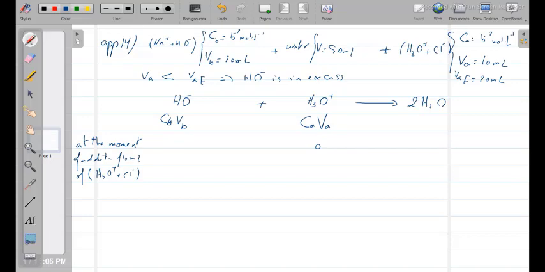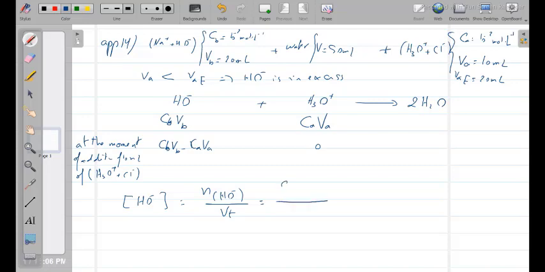The number of moles of HO- left equals number of moles introduced CbVb minus number of moles reacted. Number of moles reacted equals number of moles of H3O+ added, that means CaVa. This is the number of moles of HO- left. We calculate concentration of HO- left equal number of moles of HO- left over V total. V total equals 20 plus 50, 70, plus 10, 80.